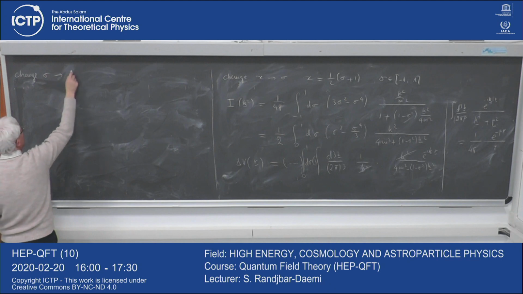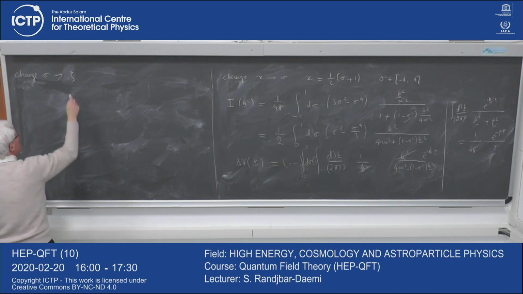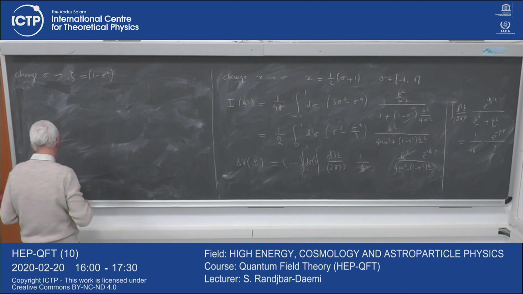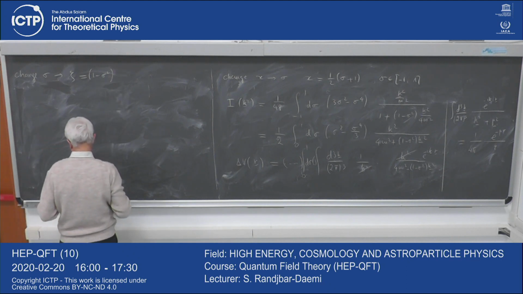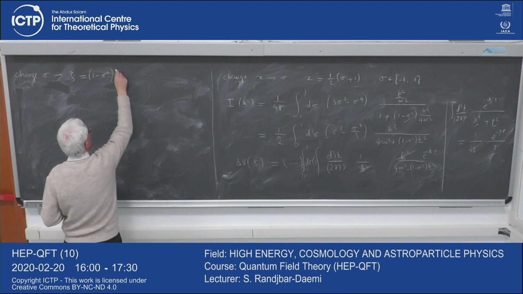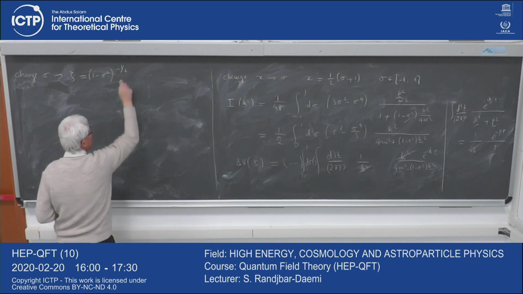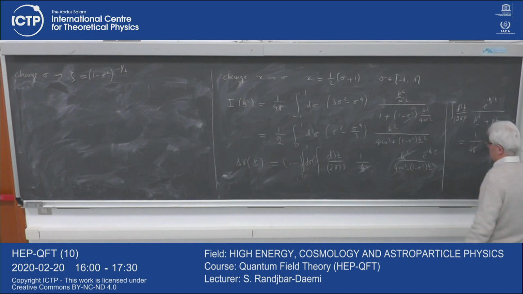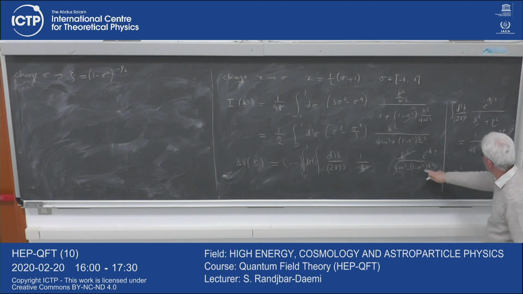Change sigma to zeta, which is 1 over the square root of 1 minus sigma squared. The reason we are doing this change of variable is that, as I mentioned here, this mu squared, in order to bring this to that canonical form, you have to divide by 1 minus sigma squared.